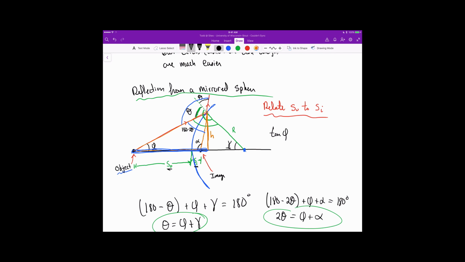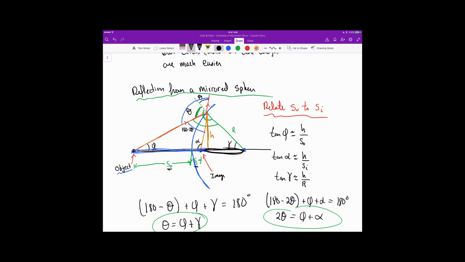So the tangent of phi is approximately h over s naught. Similarly, with alpha, I can assume that the tangent of alpha is approximately h over si, and the tangent of gamma is approximately h over r, where I'm assuming that this distance right here is pretty close to r.